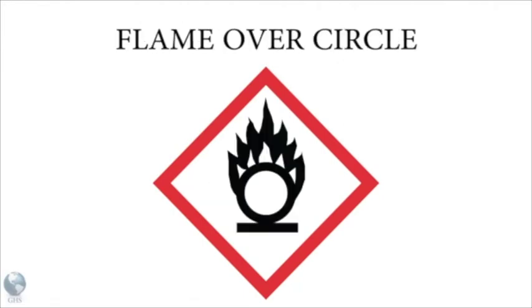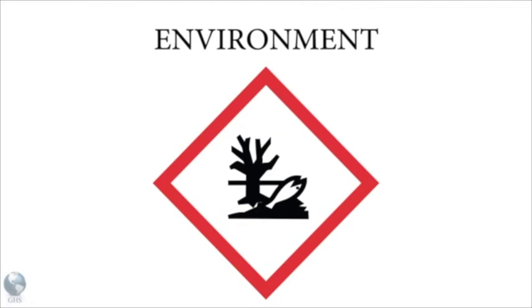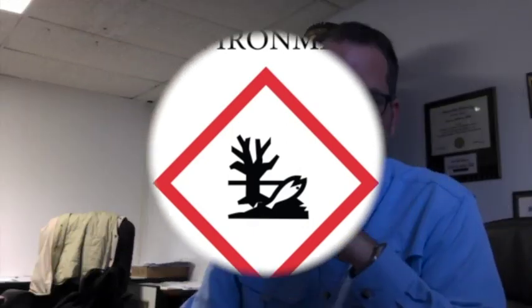Flame over circle is an oxidizer. That means that chemical, if added to fire, will make the fire even bigger. The last pictogram that we have is really an optional pictogram, and it's environment. Now, the environment pictogram is indicating to us that there's proper disposal that's needed of the chemicals. We should not just pour it down the drain.